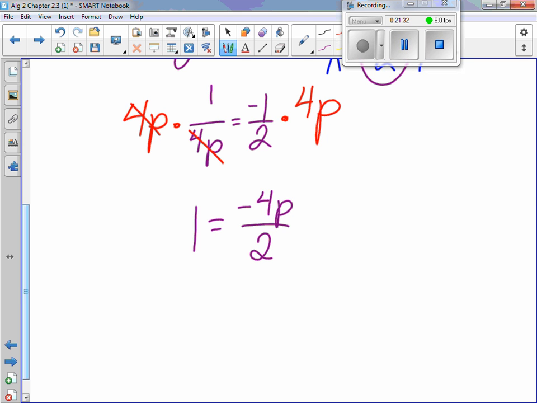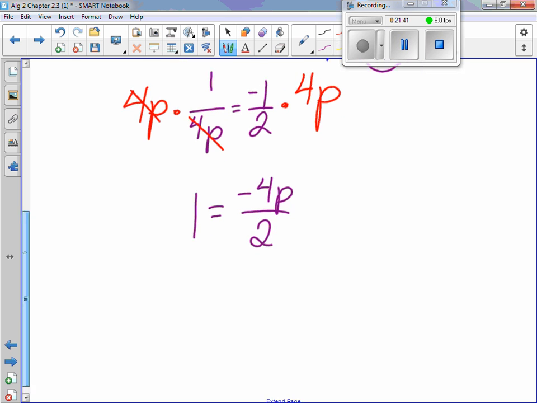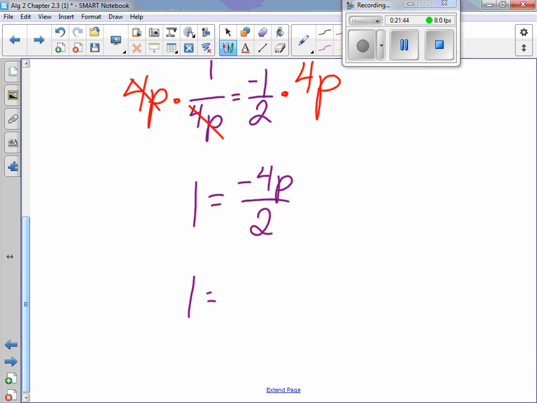Because when we multiply fractions, we multiply top to top, bottom to bottom, and 4 just multiplies with the numerator, the top of the fraction. What's negative 4 divided by 2? It's 2, isn't it? 4 divided by 2 is 2, so we get negative 2p.